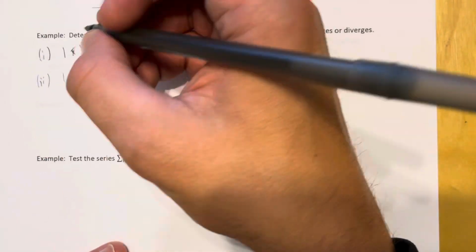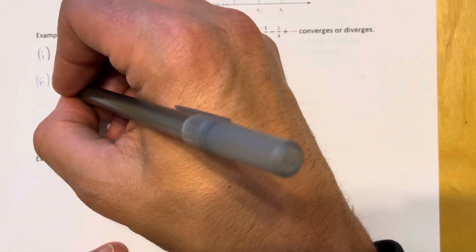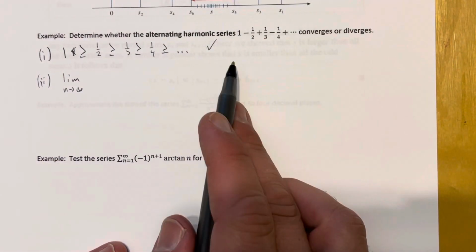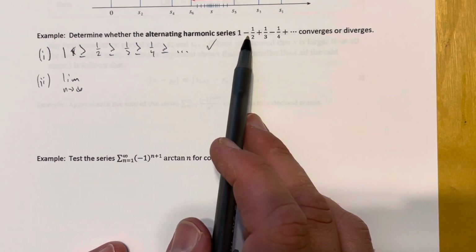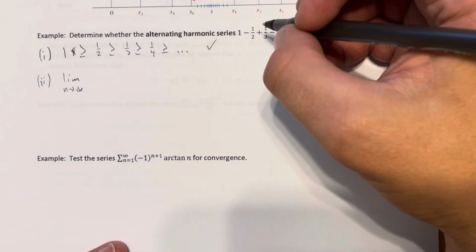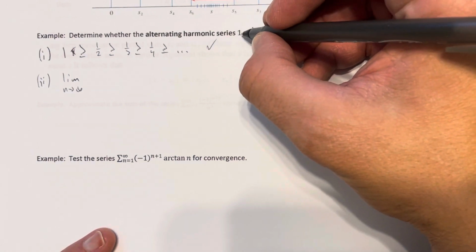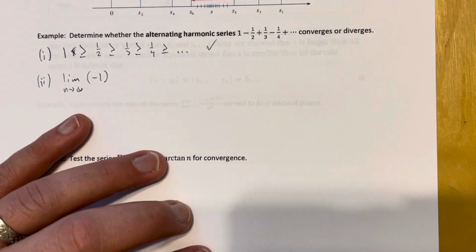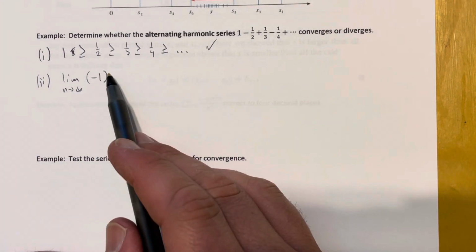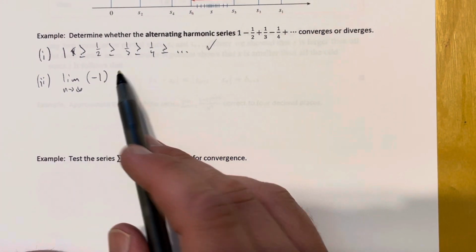So that works. And then 2, what is the limit, as n goes to infinity, of this sequence of terms? How do I represent these terms generally? Well, because it's an alternating series, it's going to start with (-1) to some power, either n, n plus 1, or n minus 1.